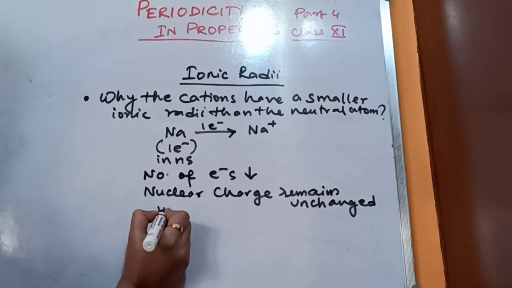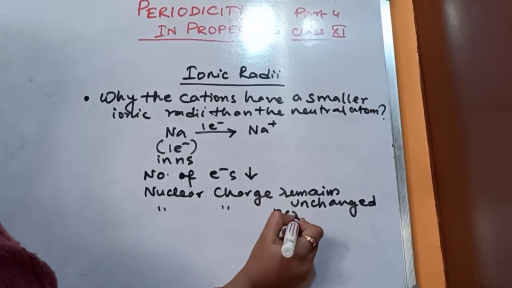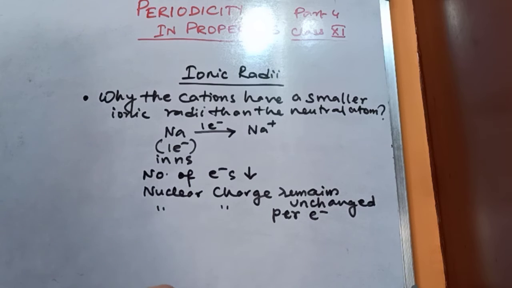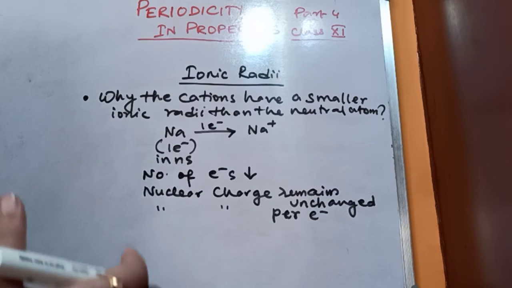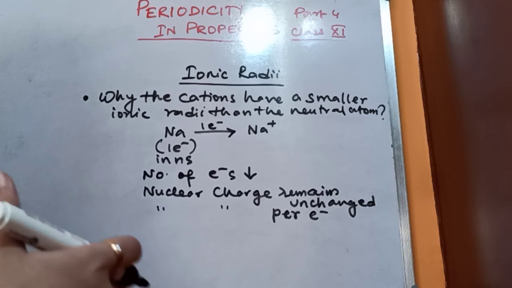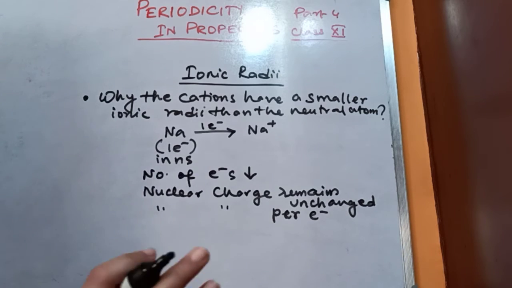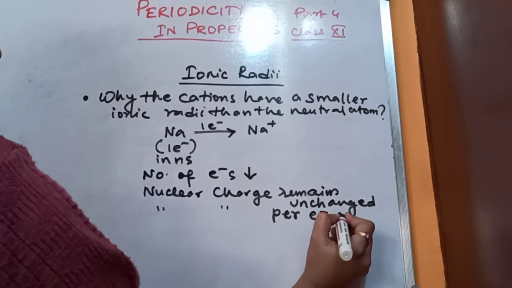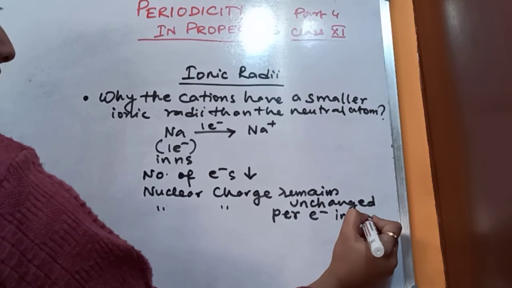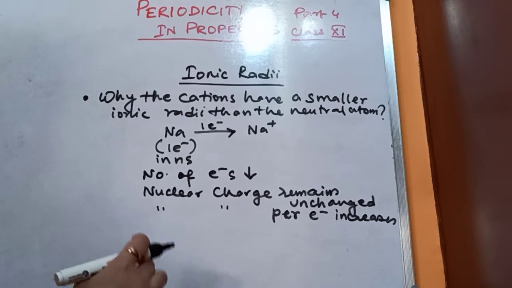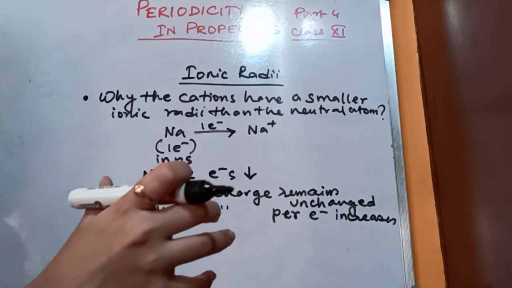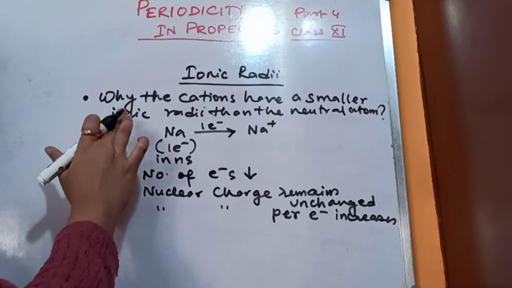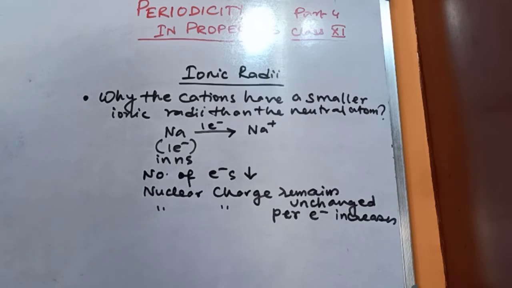So the nuclear charge per electron, the effect of the nuclear charge on one electron, increases. That's why the outer electrons are more tightly held by the nucleus. So the cations have a smaller ionic radii than the neutral atom.